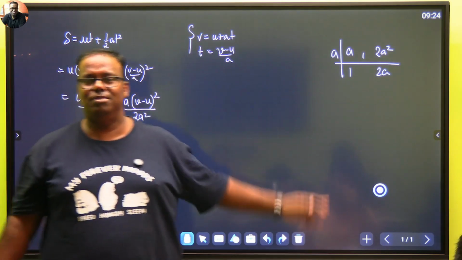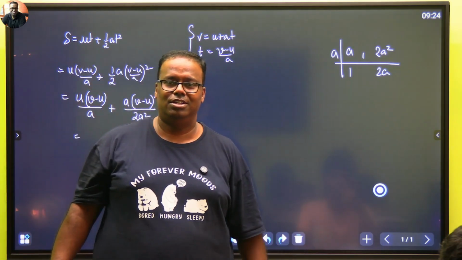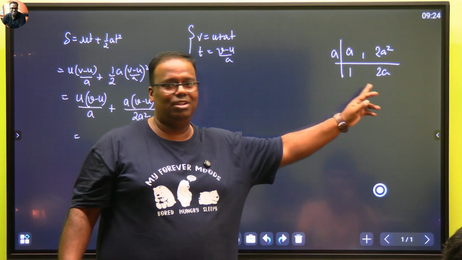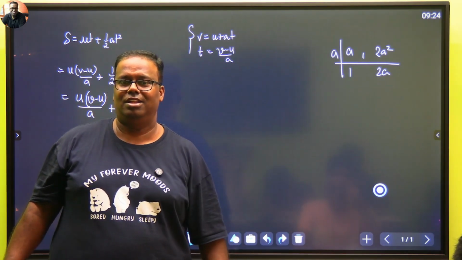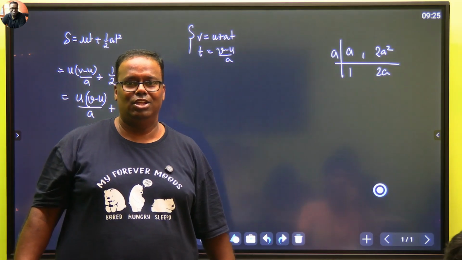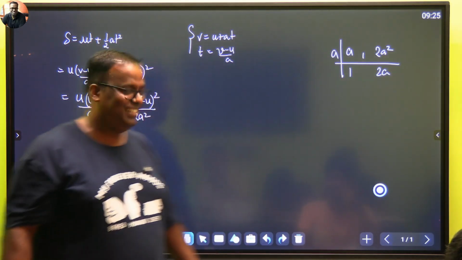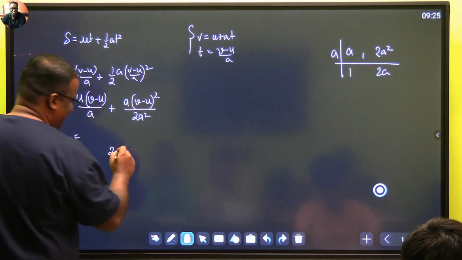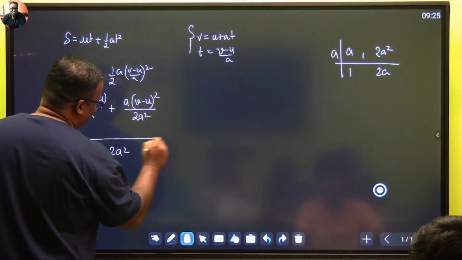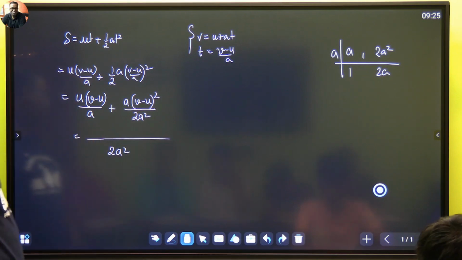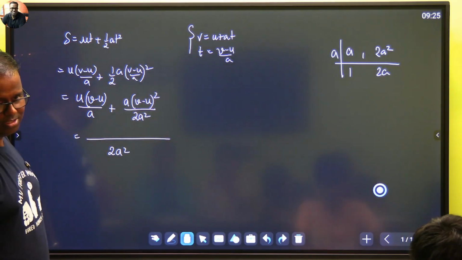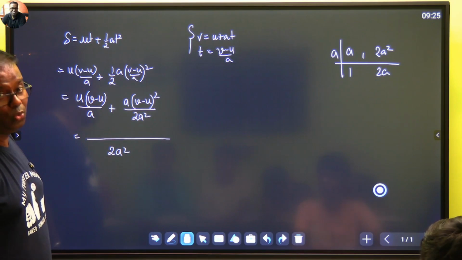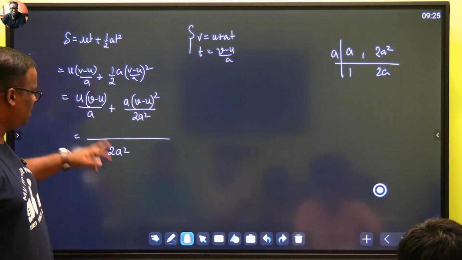What is the LCM? 2a. How 2a? If you multiply 2a to a, 2a square. Clear? 2a square divided by a is how much? 2a. 2a square divided by a.